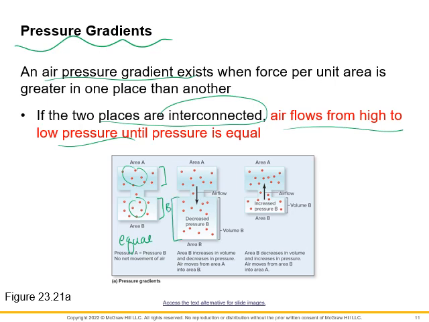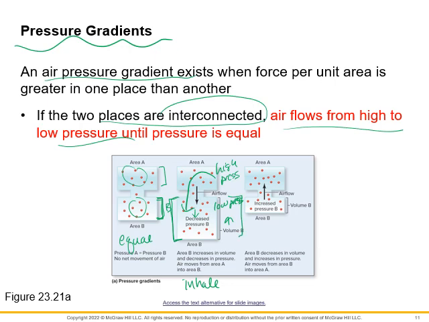We increased the volume, right? This was the volume for B. Now this is the volume for B. So we increased the volume, so what happened to the pressure? We decreased the pressure. So now this area is high pressure compared to this area, which is low pressure. And so the air moves from high to low. This would be inhale.